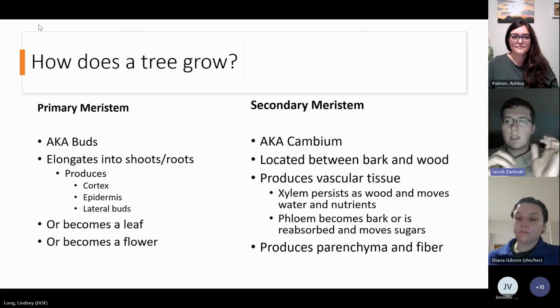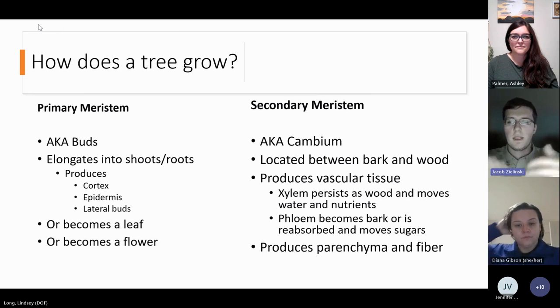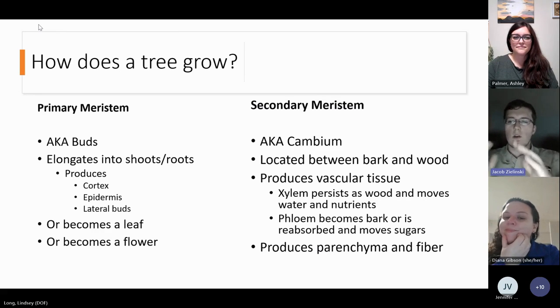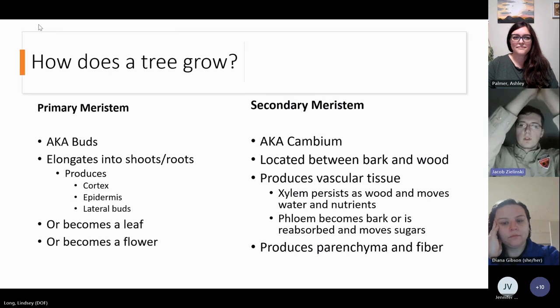These can become shoots, leaves, or flowers. Eventually the twiggy ones will become branches, and that's all the primary meristem. And then we get these secondary meristems, and these grow outwards. The primary meristem is almost always shooting upwards, and the secondaries are always growing outwards.